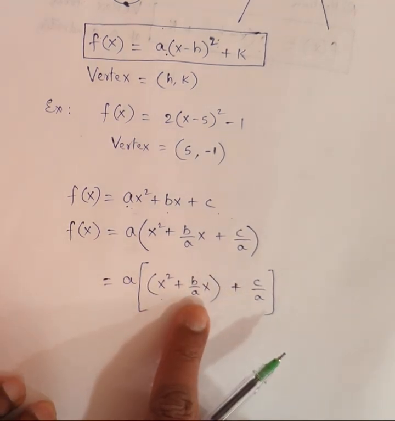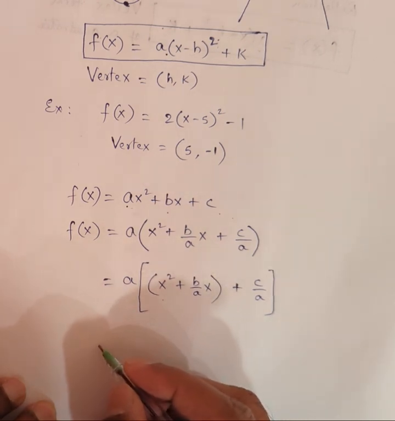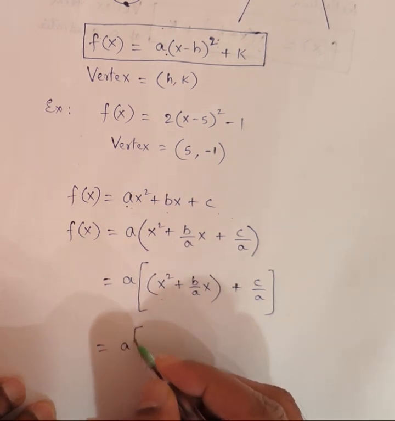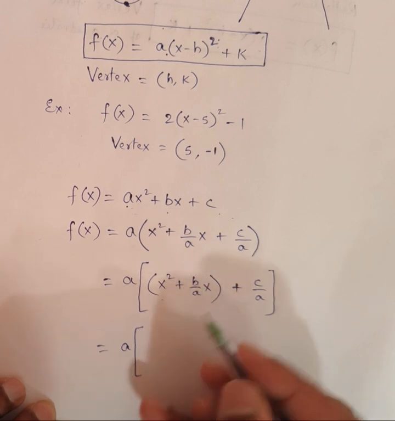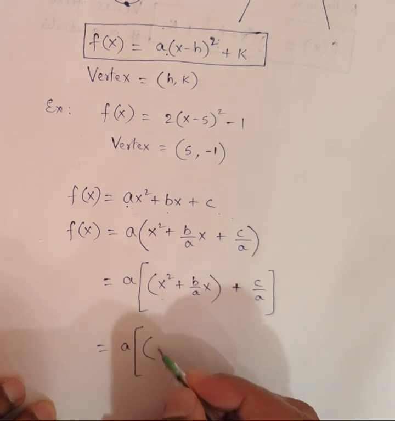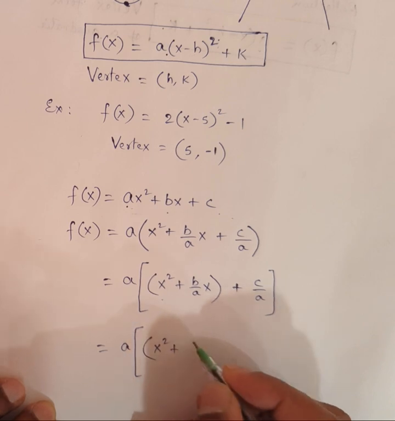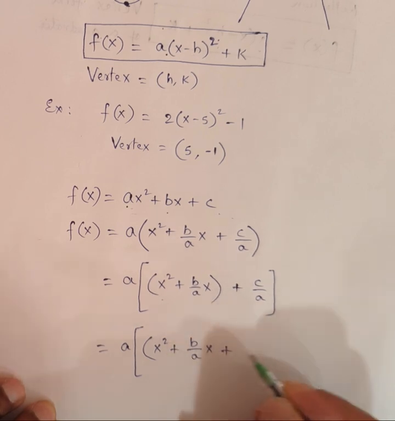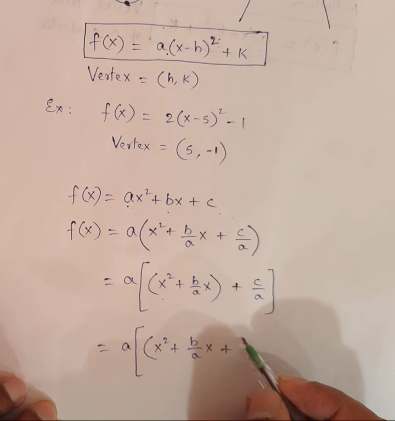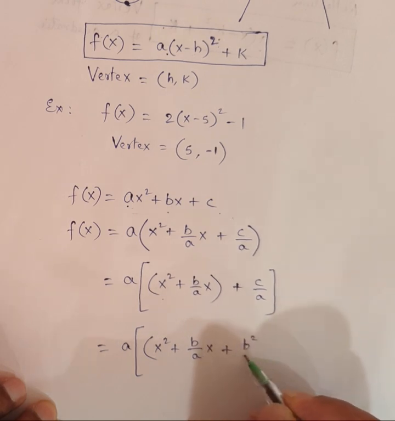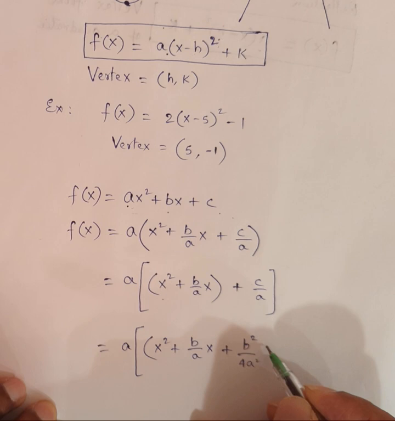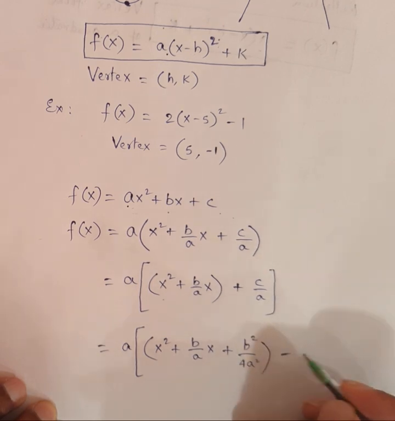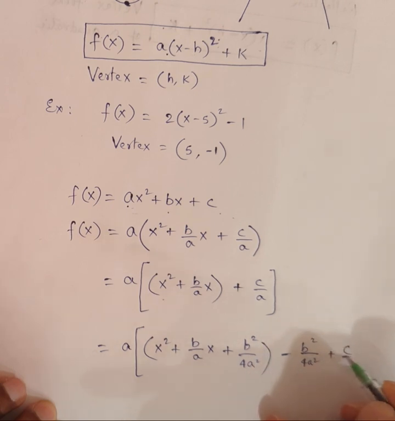And here you notice that the number that completes the square is half of b over a, which is b over 2a, and then you square. So let me add that number that completes the square. So it's going to be b squared over 4a squared. And we will subtract that, minus b squared over 4a squared plus c over a.